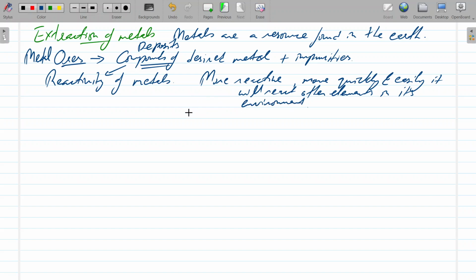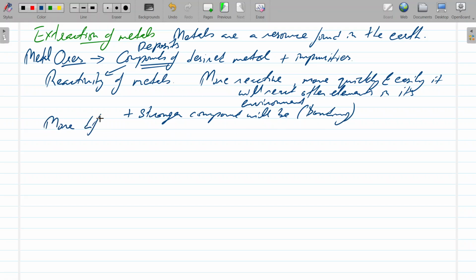And not only that, the stronger the compound formed will be in terms of its bonding. And because of that, the more difficult and therefore expensive the extraction will be.